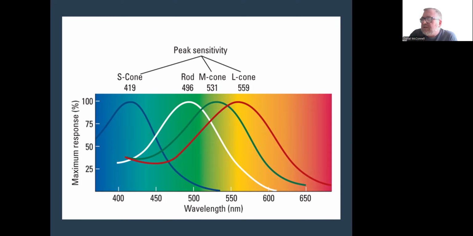And likewise, the S cones, their peak response is 419 nanometers, but they do detect very weakly light at 500 nanometers. So you might get a weak response out of the S cone system. And then likewise, out of the L cone systems, their peak response is 559 nanometers, but they will still respond in a medium way to light at 500 nanometers, kind of a low medium way, right?